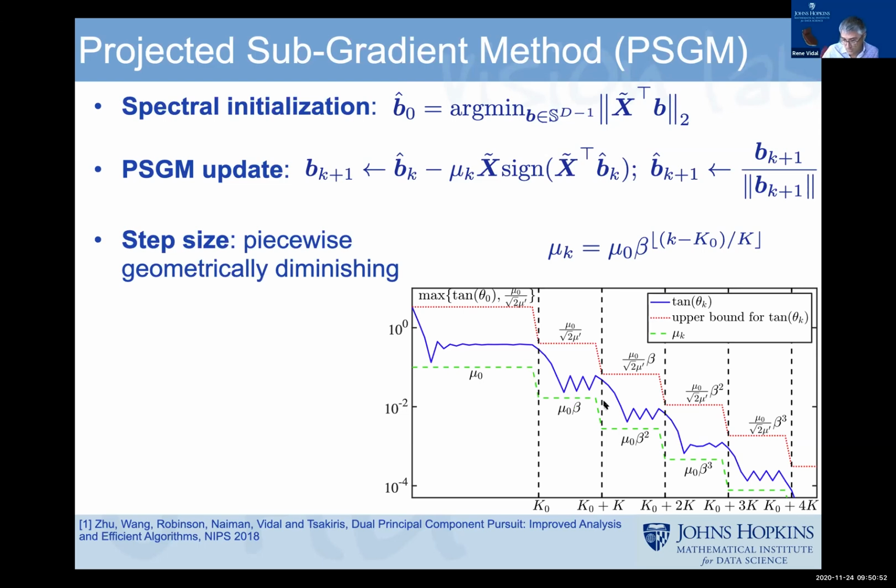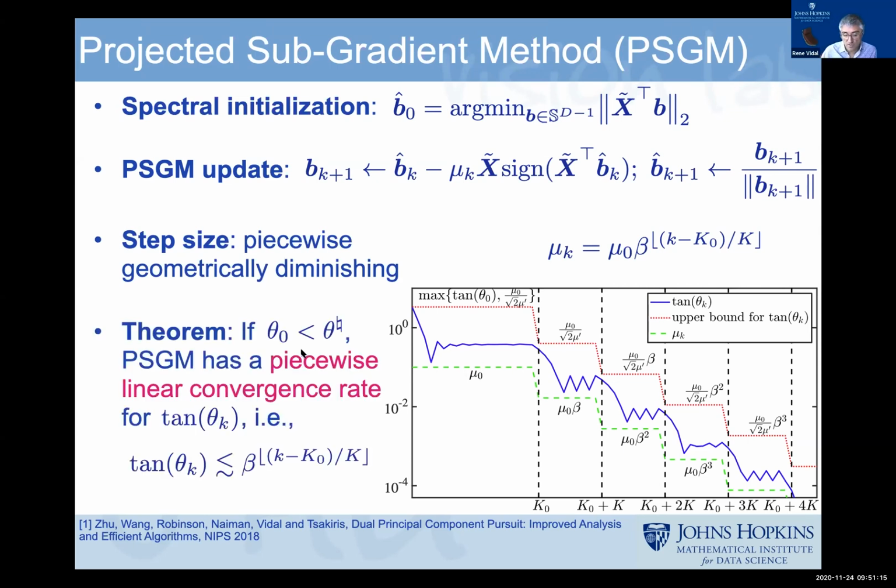Then it's constant for k iterations, and then you decrease it, and you keep decreasing it. The blue curve illustrates the objective, which is provably bounded between this piecewise geometric rate and these upper bounds, which are all functions just of the rate and of the initialization.